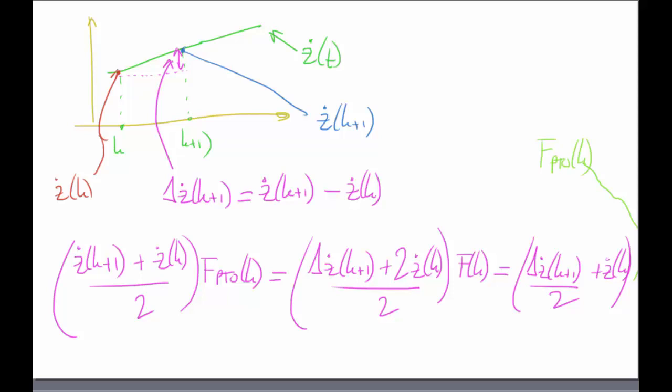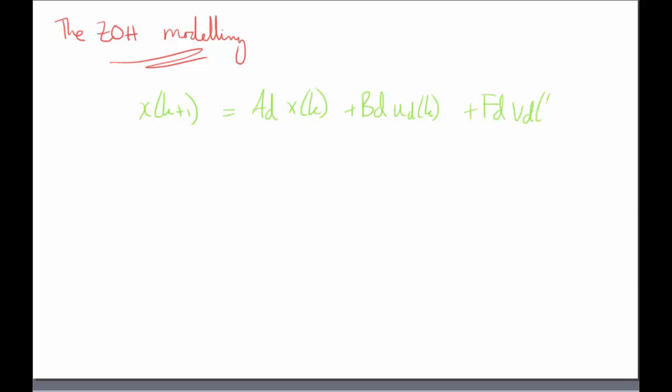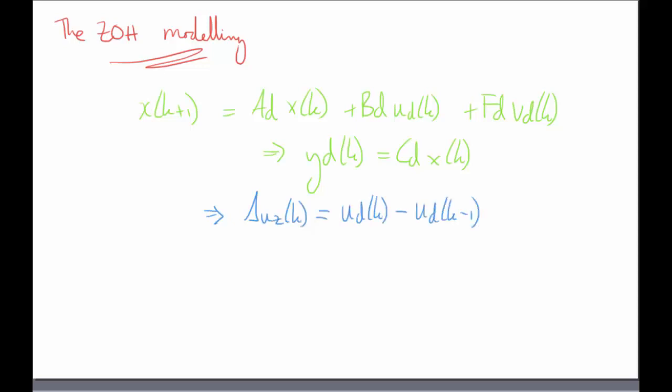where I don't actually use FPTO, I use UD of K, which is just a scale. With the zero order hold modeling, this is a section that's based on the augmentation of the zero order hold. So to put it from just a UD of K value into a delta U of K value, which is just integral action, I'm going to be placing the delta Z dot value in and making a new model.